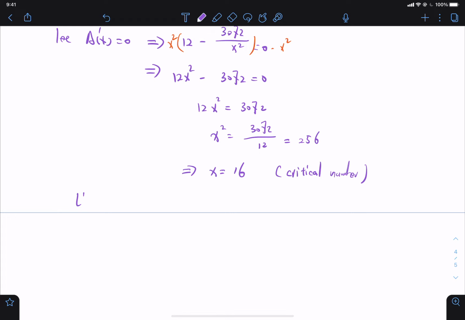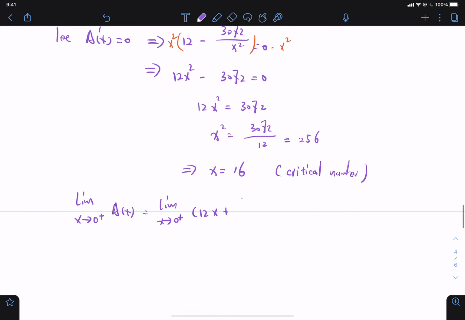Because it's the only critical number in this interval, we just need to compute the limit when x approaches these two ends. First, x approaches 0 plus: 12x plus this 3072 over x.